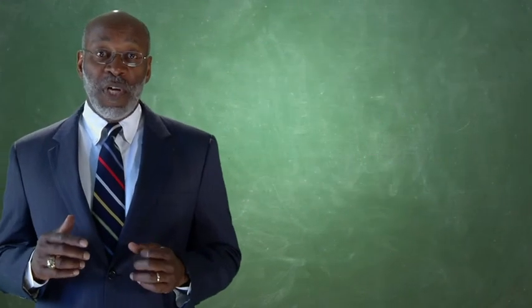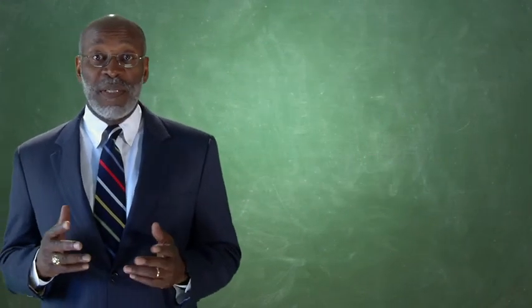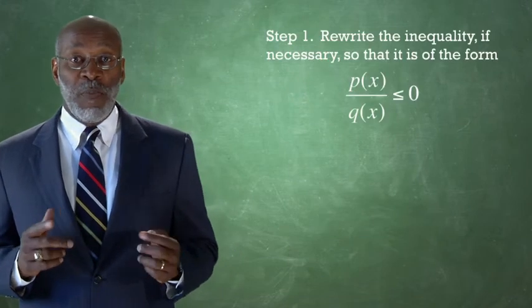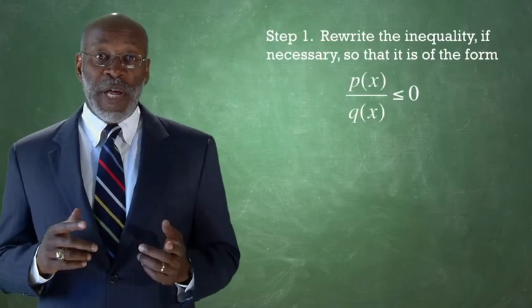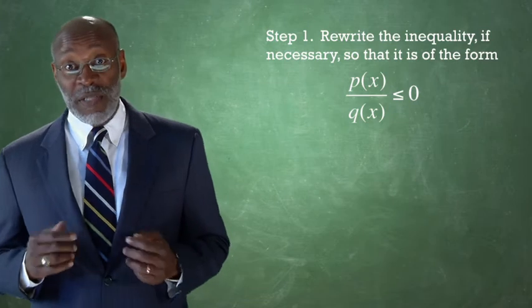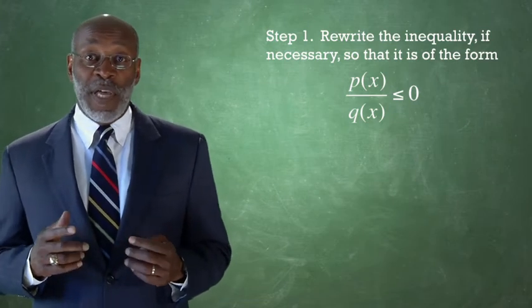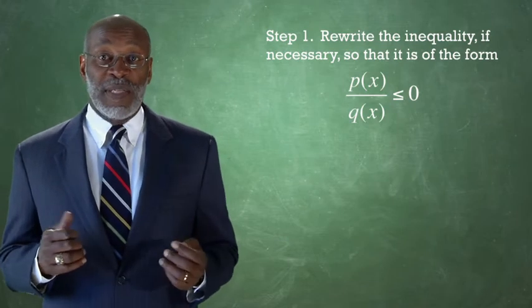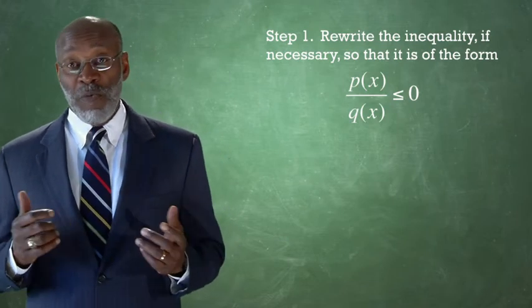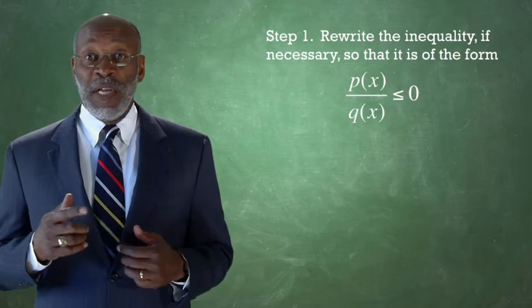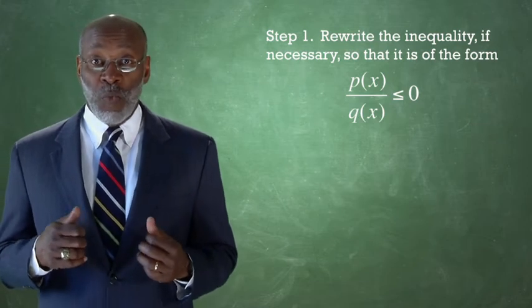The method for solving rational inequalities is as follows. Step 1. Rewrite the inequality, if necessary, so that it is of the form p of x divided by q of x is less than or equal to 0. And remember that any of the inequality signs will work.